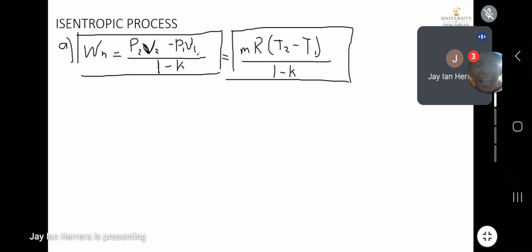For steady flow naman, ang shortcut for work steady flow is K times the work ng flow.